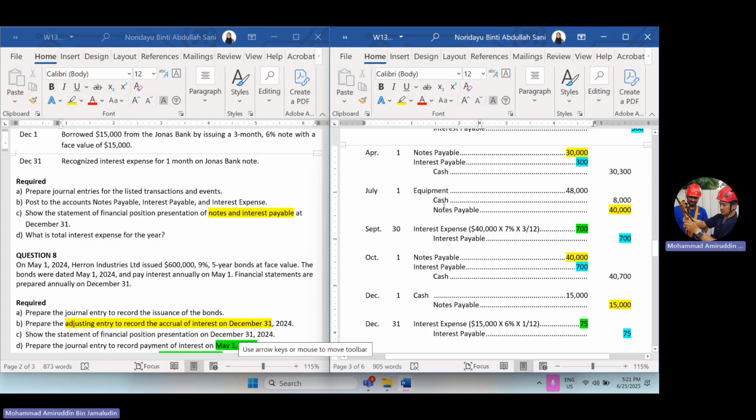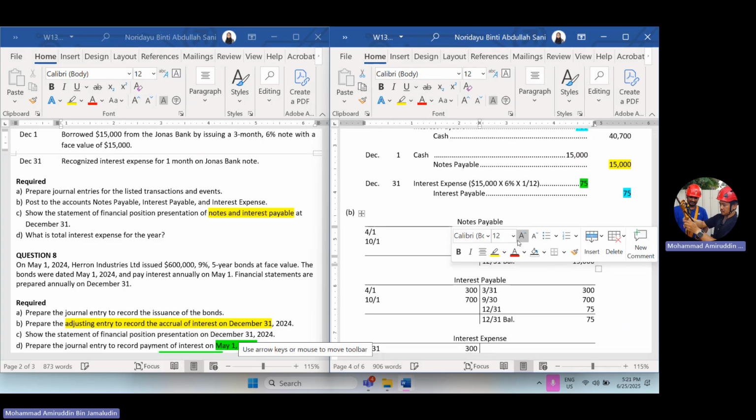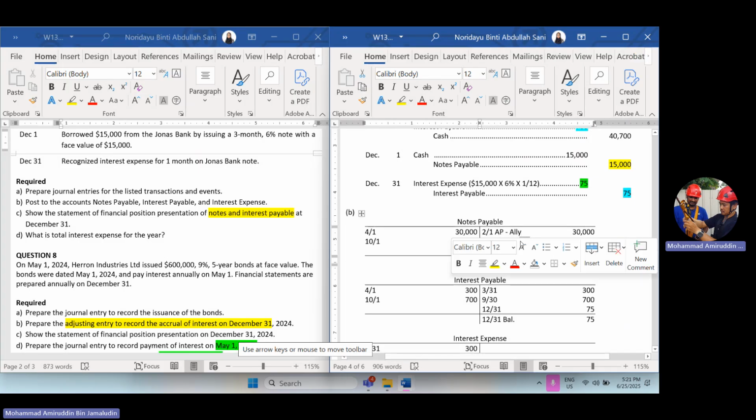You see, the date is confusing also if you put it like that. Notes payable 40,000. So what is the debit? Equipment. Meaning when I see this notes payable on credit, my liability goes up because I borrowed, because I bought equipment. That's why the detail is very, very important.